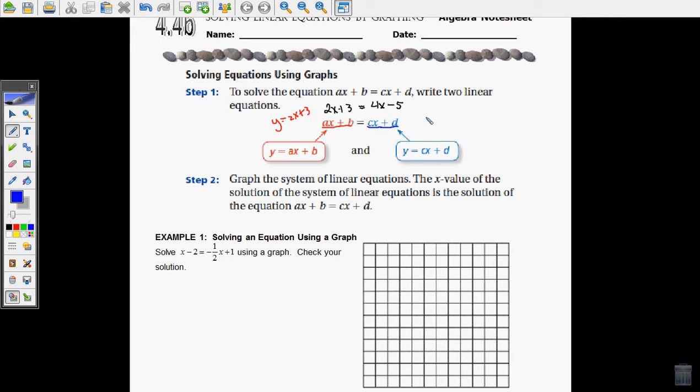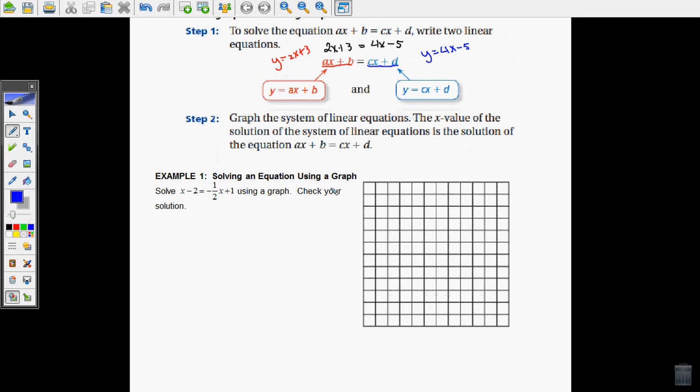Then I would take the right side, 4x minus 5, and it would really be y equals 4x minus 5. And I could graph that, and where they intersect, the xy coordinate point, that's my solution. So we're going to look at how we can do that instead of doing it algebraically.